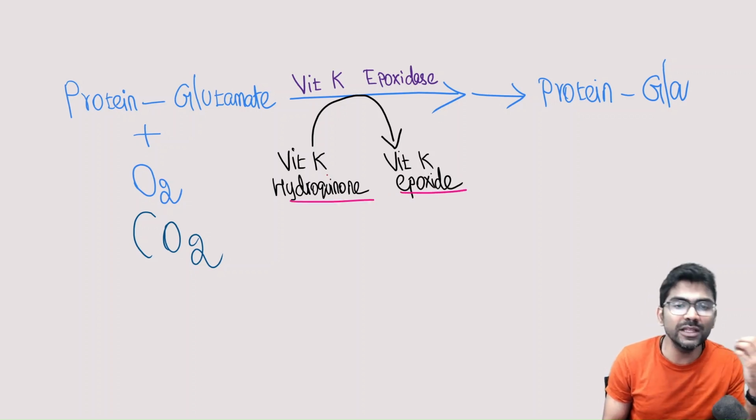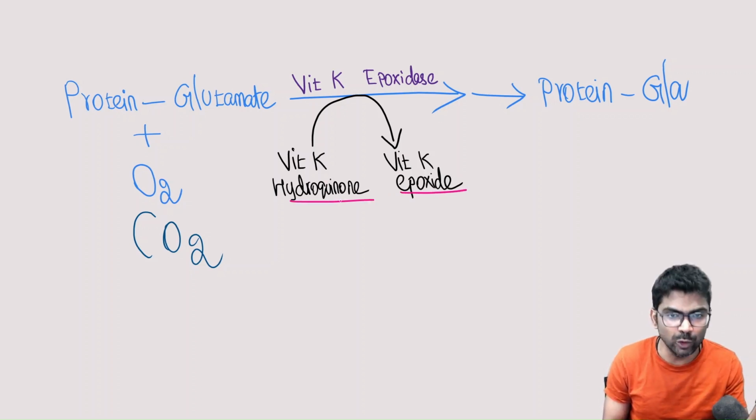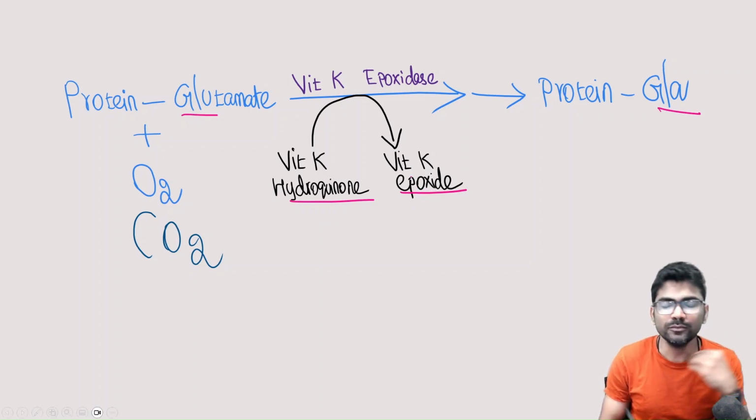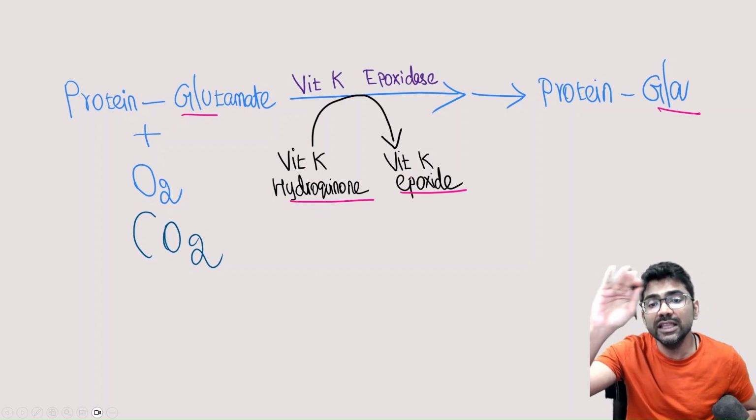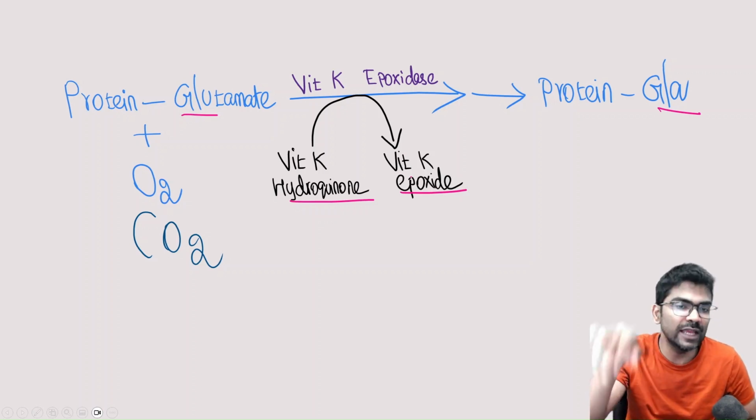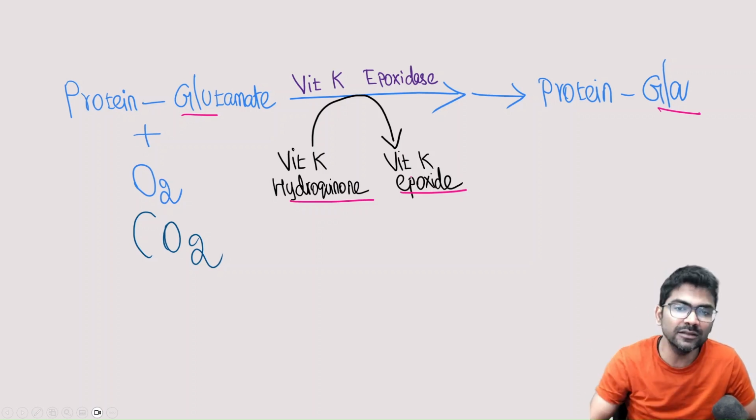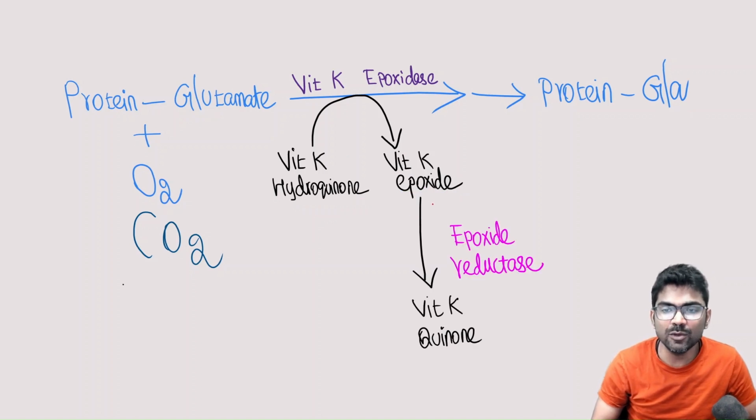So normally vitamin K is present in the form of hydroquinone. In the conversion of glue to GLA, vitamin K is converted to epoxide, right? So we have to regenerate this epoxide to hydroquinone. How is that done? That is done by an enzyme called epoxide reductase.